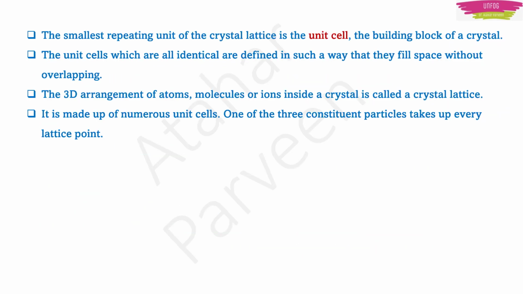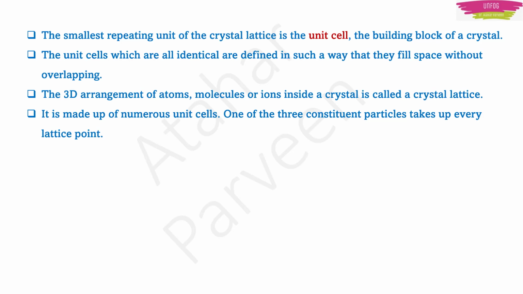So, the smallest repeating unit of the crystal lattice is the unit cell, which will be the building block of a crystal. Clear, right? Of course, these unit cells are all identical and they are defined in such a way that they will fill the space without getting overlapped with each other.